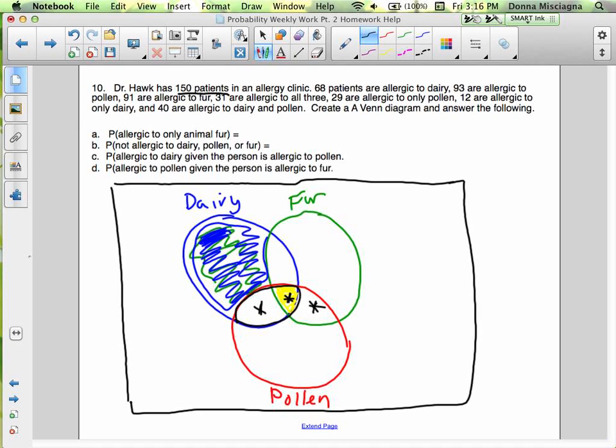And this counts as fur too, right? So that's fur. Maybe I should use different colors. All of that's included in the fur. All of this and that center and this is included in the pollen, along with, of course, this.